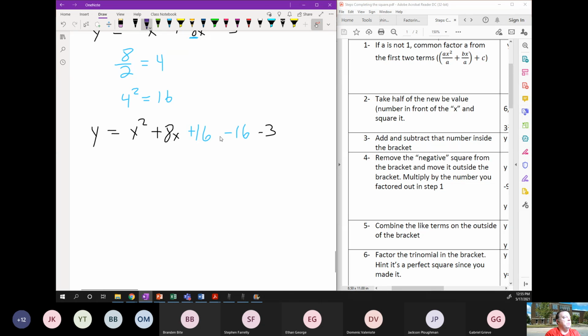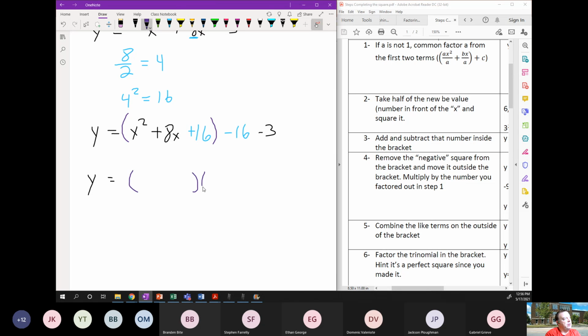Now what I want to do, I'm going to rewrite this note and send it to you guys once I'm done this lesson, because this is for harder questions. Now I'm going to put brackets around this. I'm going to isolate these first 3 terms. Oops, I should do that in purple so it matches.